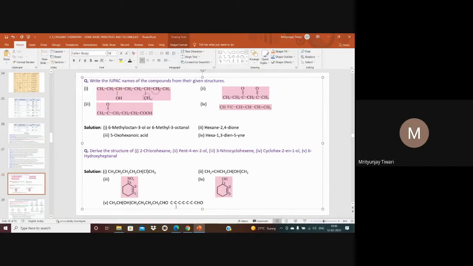Now you can attach one OH group to this carbon atom. The rest of the valencies of the carbon atom should be fulfilled accordingly by the hydrogen atoms, and then you can put hydrogen atoms here as given in this compound, and this is the way you should follow.